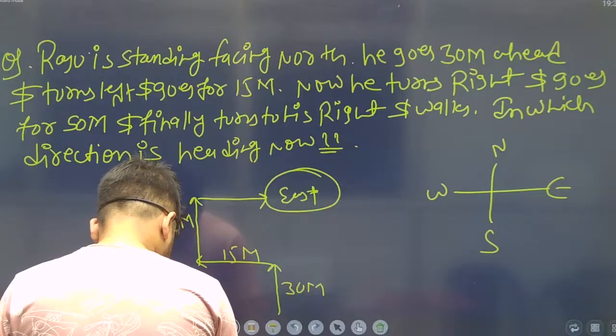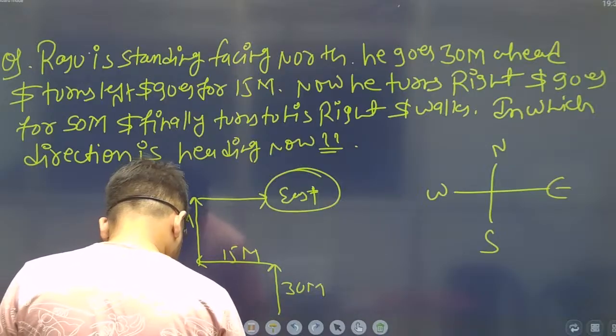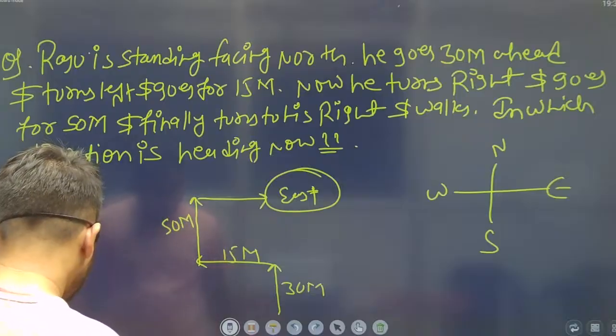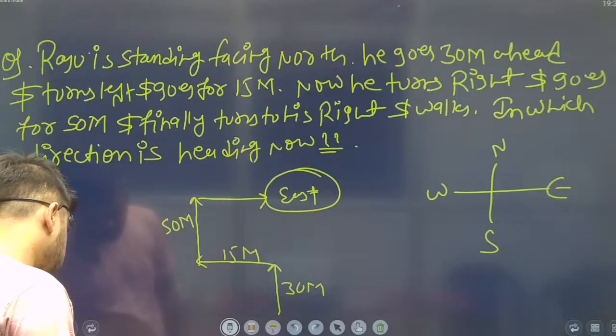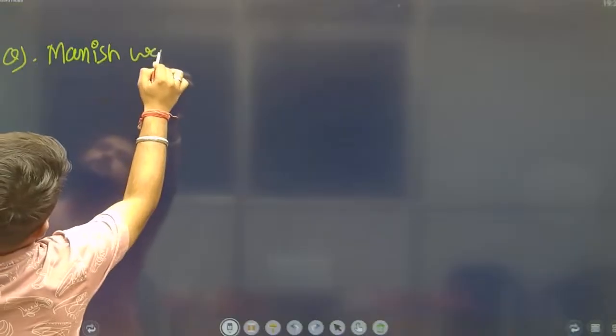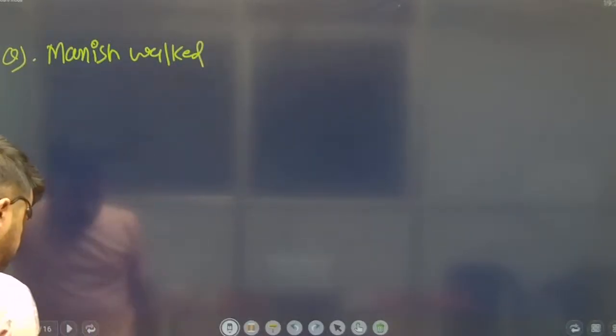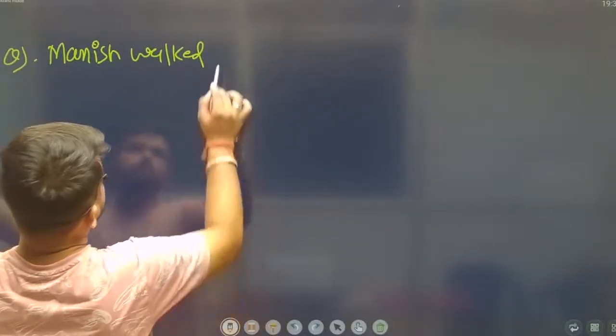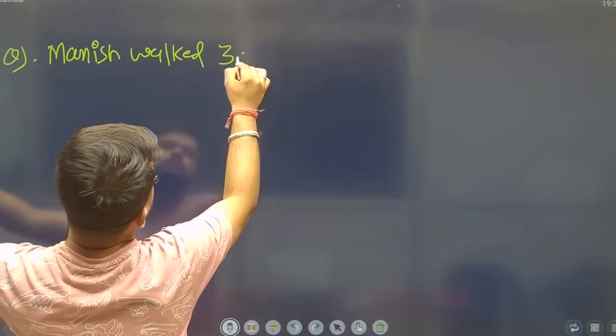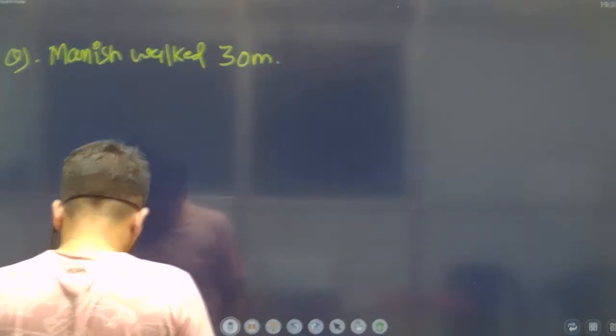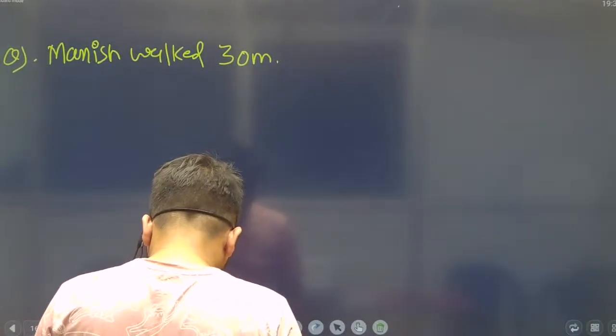Okay, fine, this is clear now. Done. We are proceeding towards the next question. The next question is: Manish walked 30 meters towards north. Manish is a boy's name.